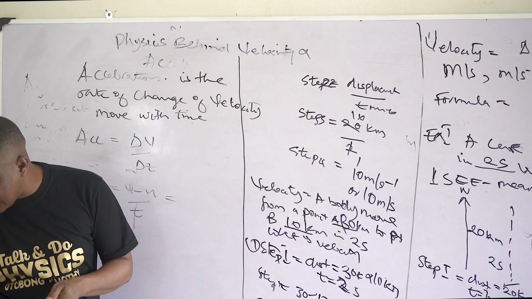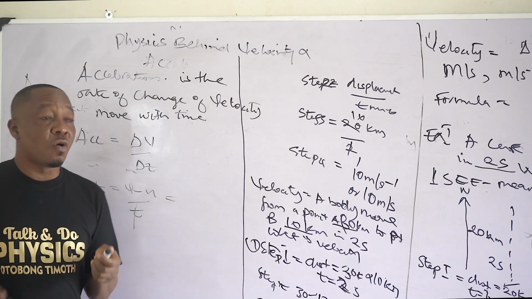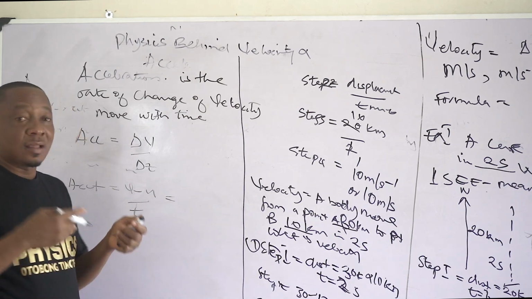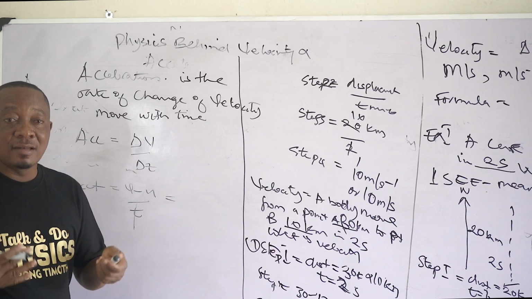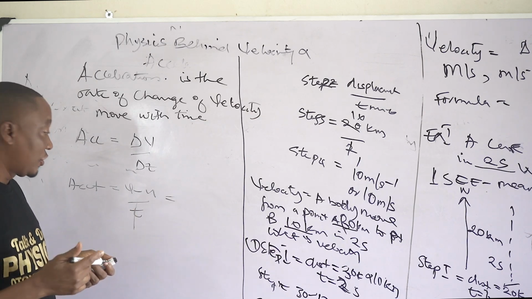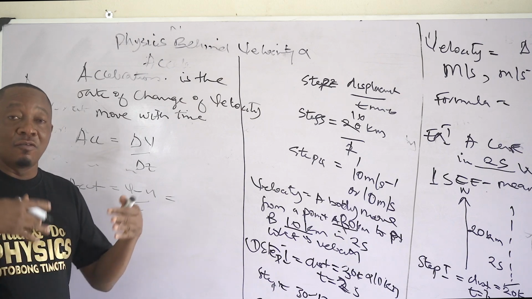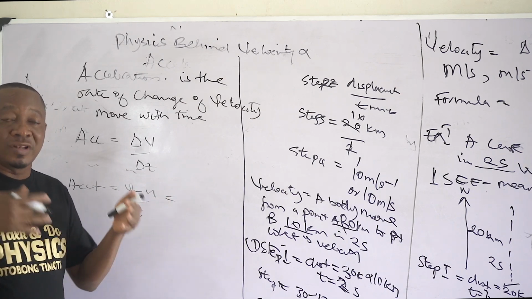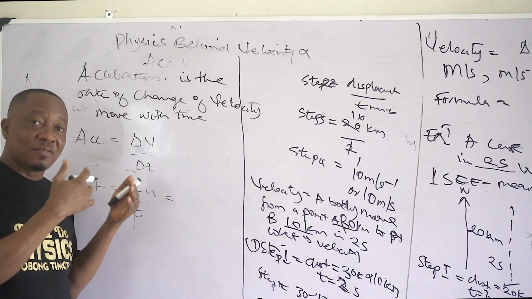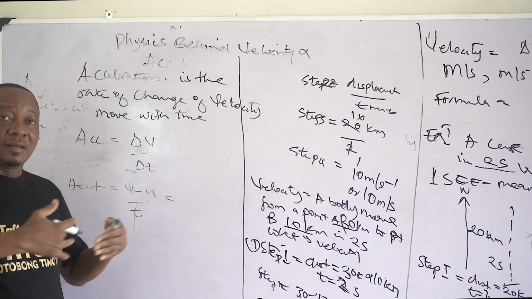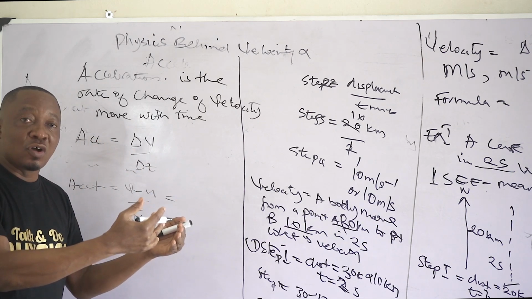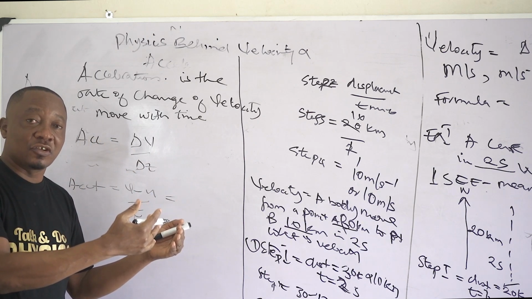But before we do that, I want to illustrate what we mean by uniform acceleration and non-uniform acceleration. Uniform acceleration is the increase in velocity with time. As the velocity increases, the time also increases. That is what we mean by uniform acceleration.